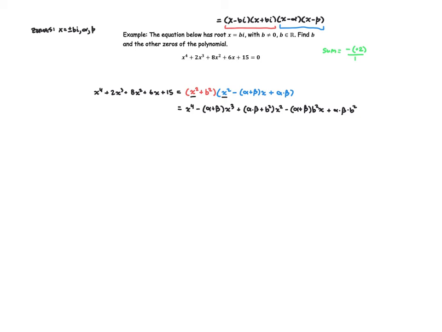So the sum of those four roots would be negative 2. Now if you think about our four roots, what you'll notice is when I add bi and negative bi, those become 0. So what that means is that alpha plus beta should equal negative 2. Let's see if that's true.